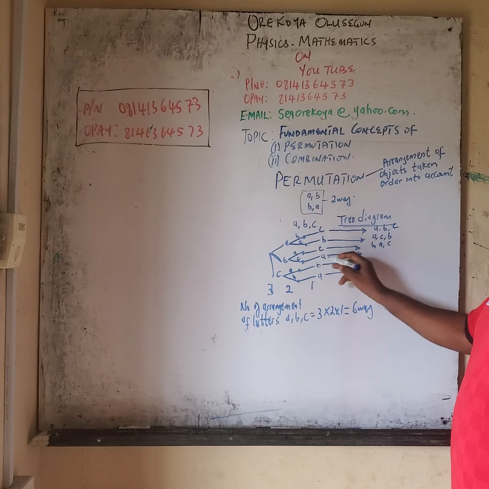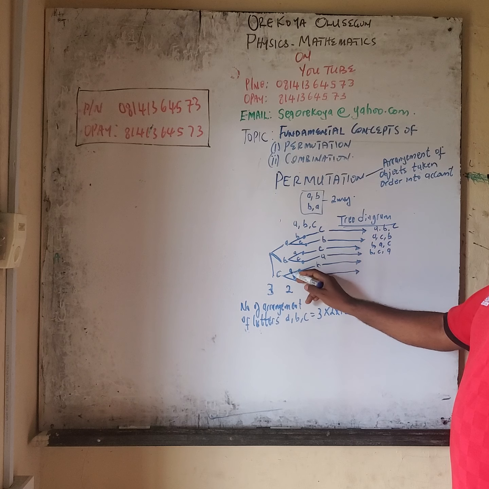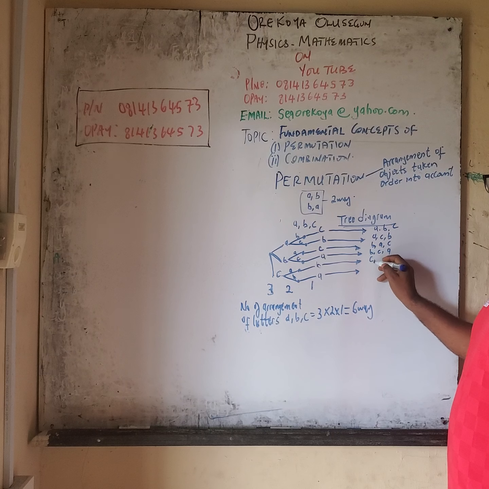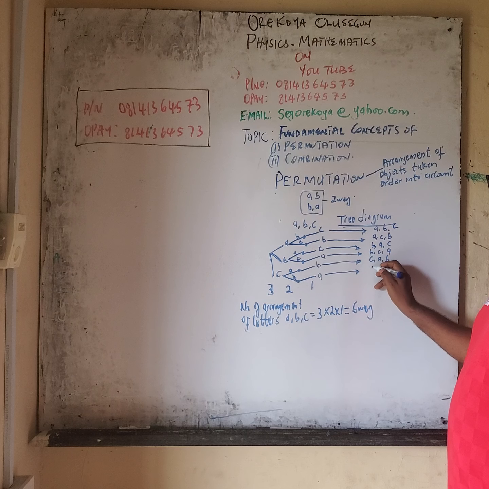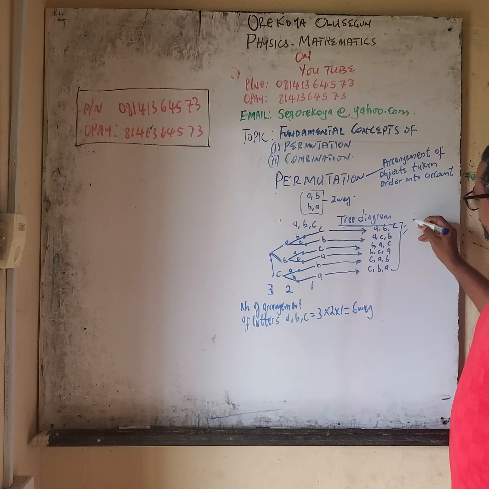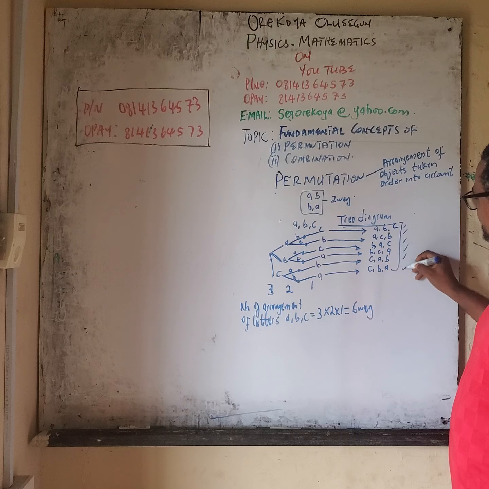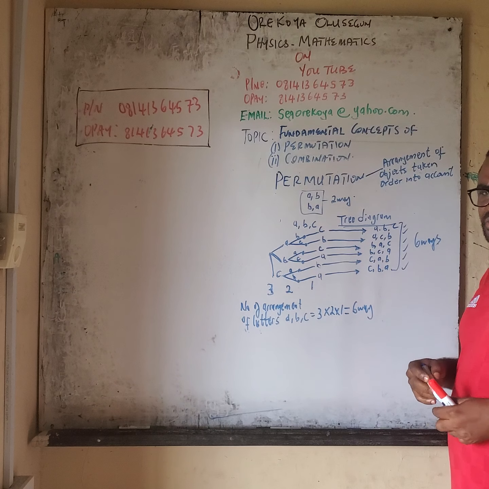Here I'm having BCA. Here I'm having CAB. Here I'm having CBA. We can see that we have 1, 2, 3, 4, 5, 6. That is 6 ways of arrangement.